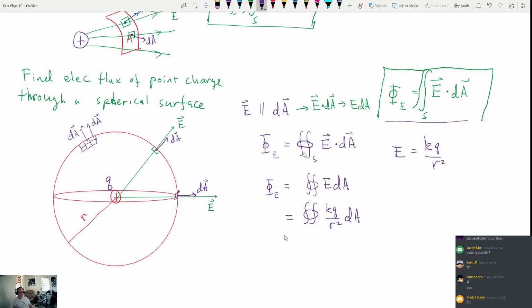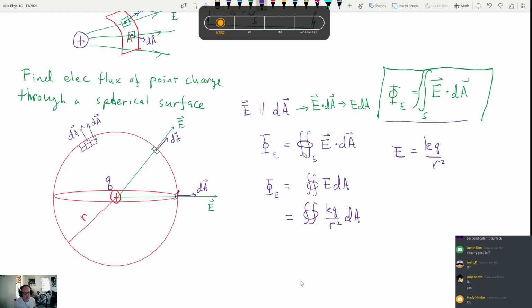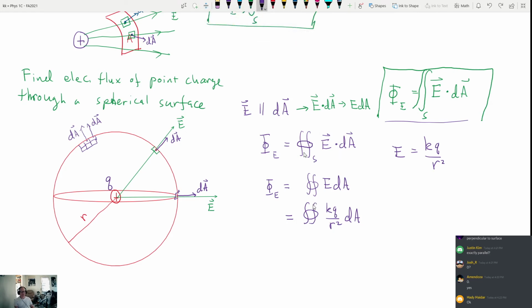Now, we're doing an integral with respect to the area. What does that mean? Not important for now. What we're doing is summing this quantity over every single piece of my surface. Now, when you're doing a sum, you can always factor out things that are constant, right? We know that k is a constant. Whatever charge I give you in a problem is going to be a constant.